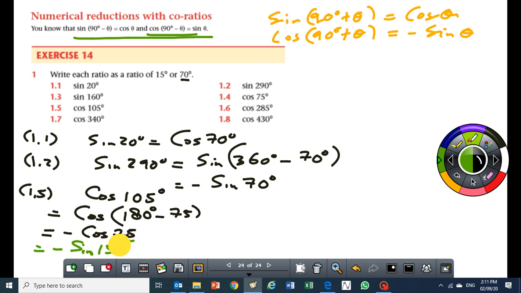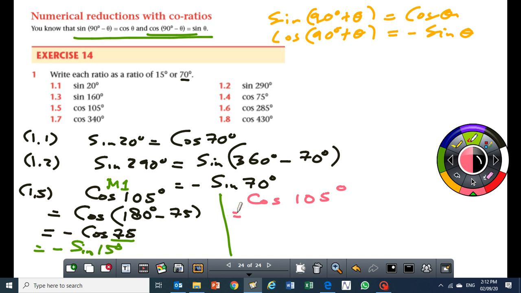Let's try to use one of those two. With 105, I've got 15, so this is method 2 now. You can indicate in your book that the earlier one was method 1. Actually, I can use one of those two. So we are saying cos 105 degrees. We can write that as 90 plus 15 degrees.